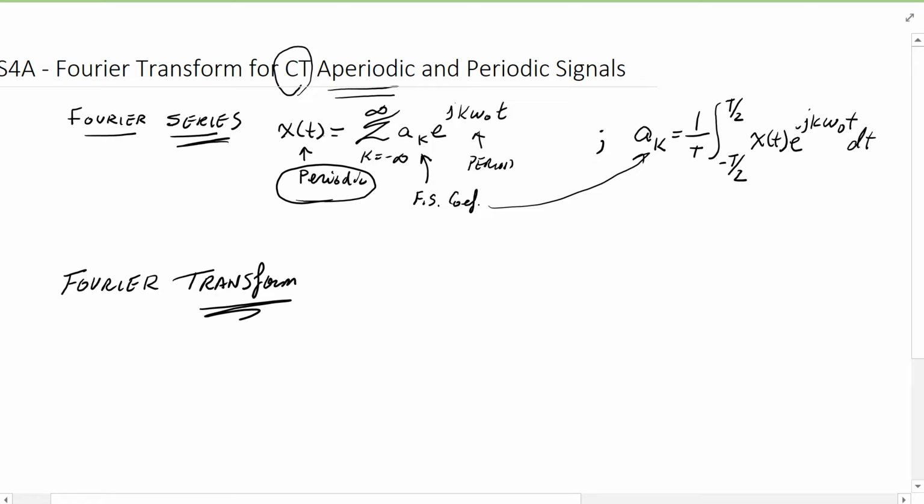What is a series, what is a transform? The requirement for being periodic has gone away. A signal does not have to be periodic to use a Fourier transform. That's the key thing to remember here.